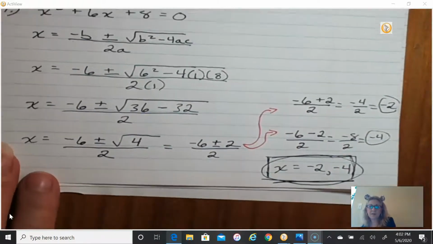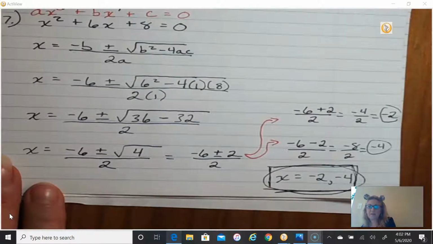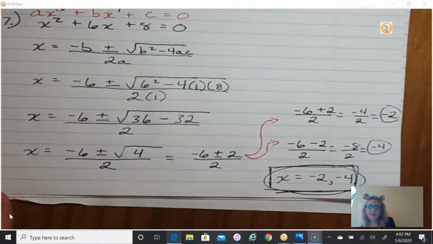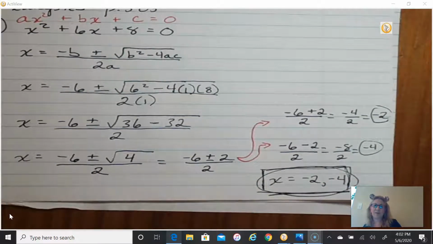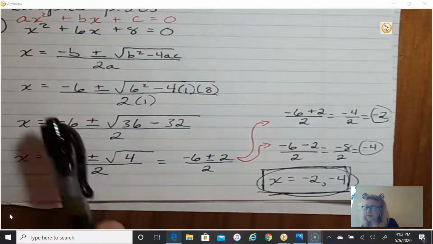So look this over if you need to pause the video. I'll even put it just like this. You can pause the video, you can write that whole thing down, or even take a picture. Okay?